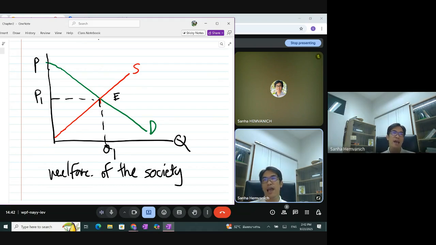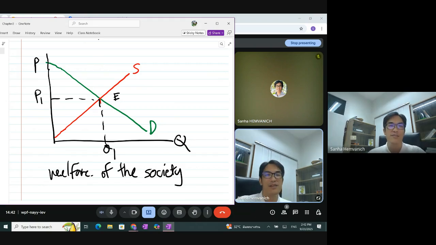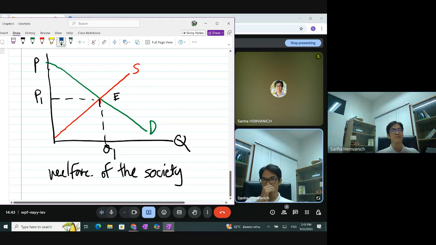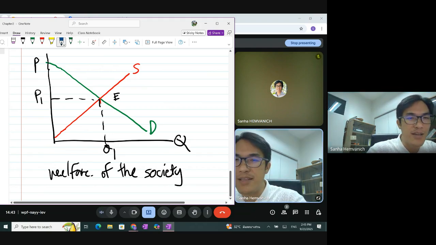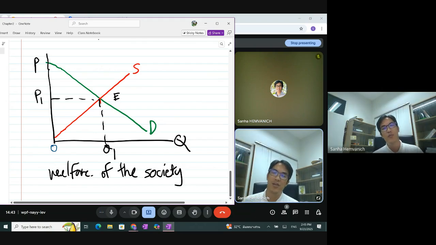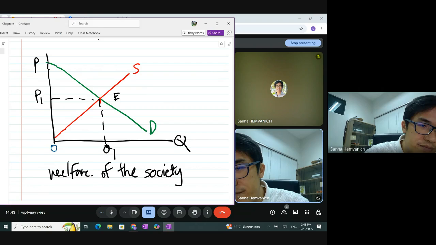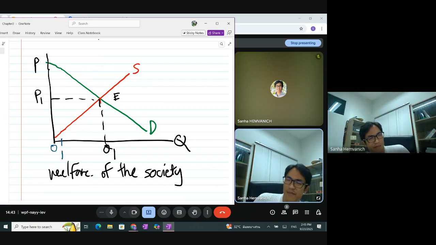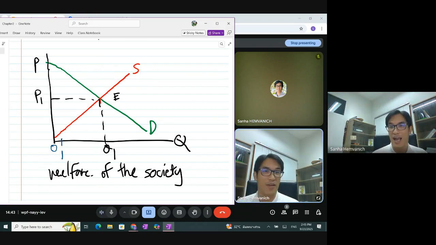Okay, and how can we measure the benefit that people want? Okay, so let's focus on the demand first. Obviously the graph starts at 0, right? So that's 0 on both sides, Q and P. So if you produce just one good, okay, one here, you can see that when we produce one good, the price is very high according to the demand.